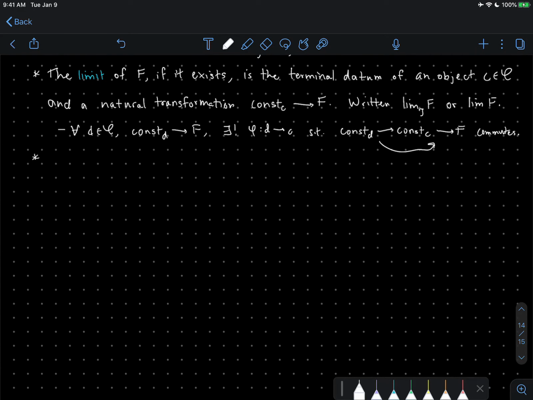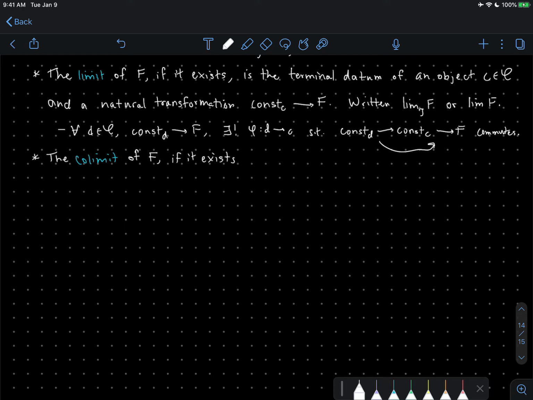The dual notion is of a colimit of F. Again, if it exists; limits and colimits need not exist.